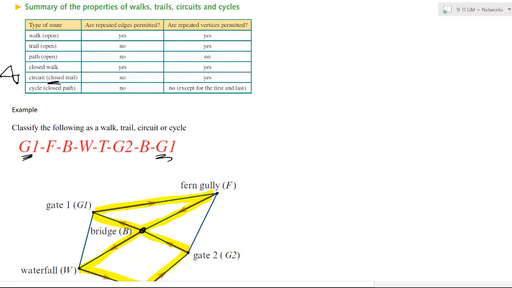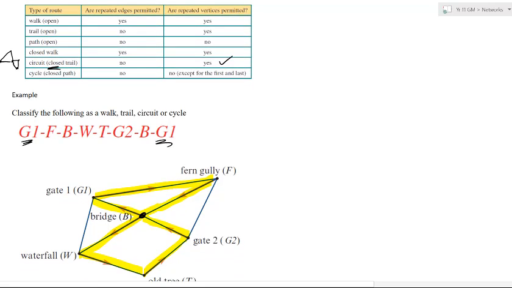We definitely repeated that vertex. So repeated vertices allowed? Yes. Repeated edges? Have I repeated any of the edges? No. So it looks like it's classified as a circuit. So this one here is called a circuit.